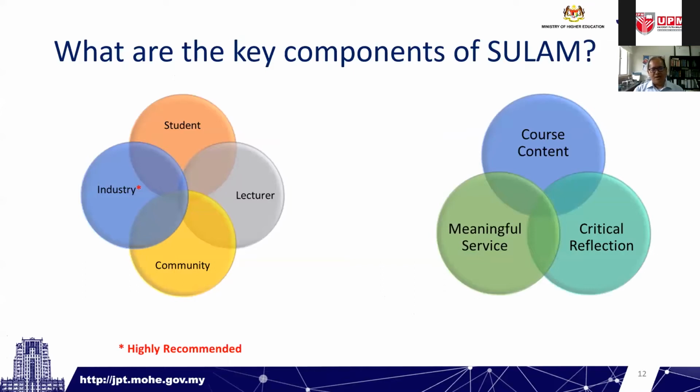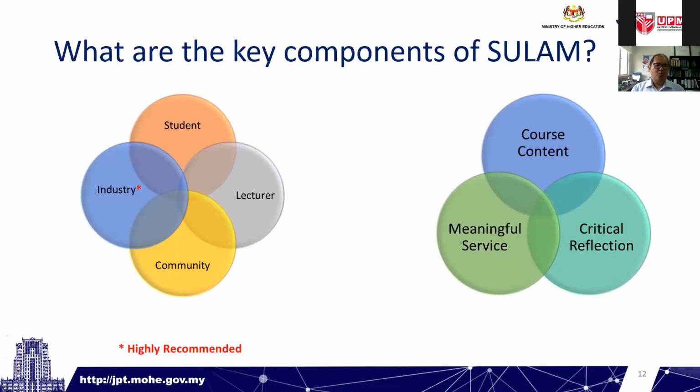So what are the key components of SULAM? The three things that we have to look at is the course content, which is really important. You have to identify which course is suitable to conduct a service learning. Is it going to bring any meaningful service to the community? And it is a must to conduct critical reflection at every stage during the semester or during the progress of the course.